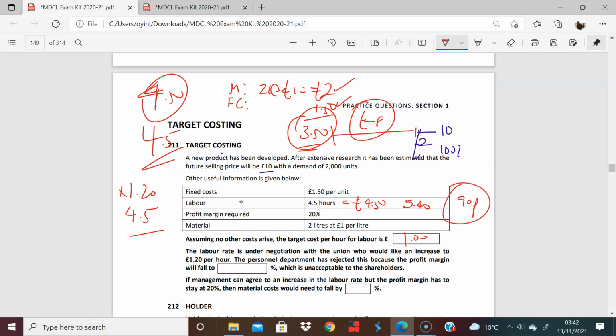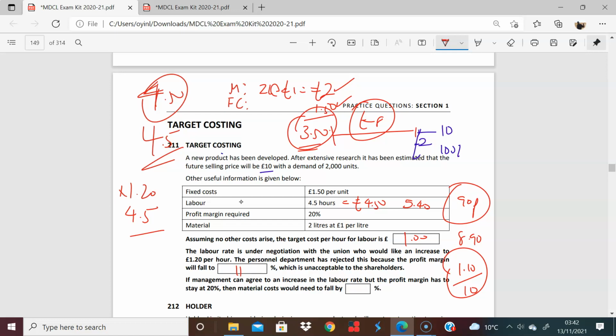So your total costs are now £8.90, which means that your profit is now £1.10. And in effect, £1.10 divided by 10 is your margin. So your profit margin will fall to £1.10 over 10, times 100, of course, which is 11%.